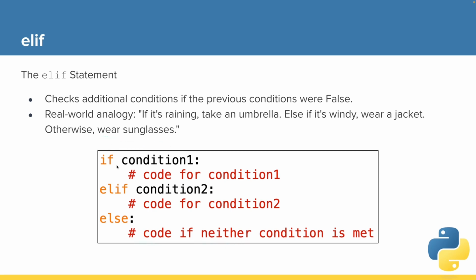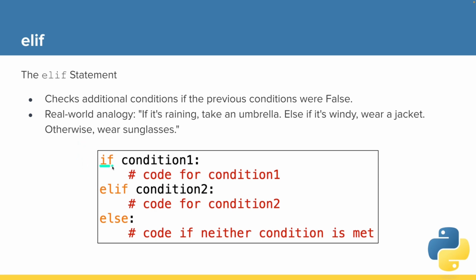So as we can see here, these are all lining up, the if, elif, and else, at the same level of indentation. The if and elif match a condition, whereas the else has no condition because it's like our catch-all. It's saying all other circumstances. Elif, this code that's indented under elif directly underneath, will only be executed if everything above it evaluates to false.